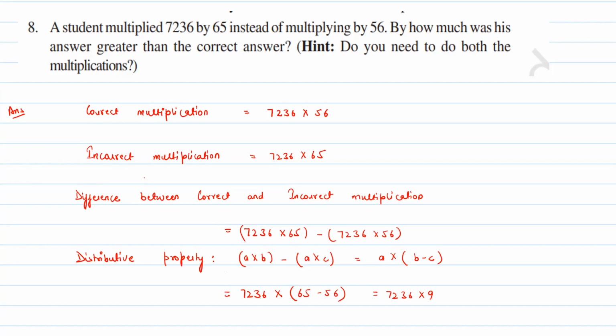So we do not have to actually multiply both the numbers here. We can just apply the property. It will save our time, which is giving us the answer 65,124. So this is the difference between both.